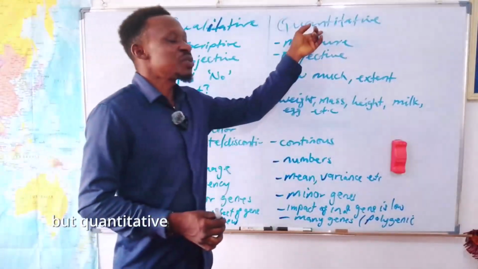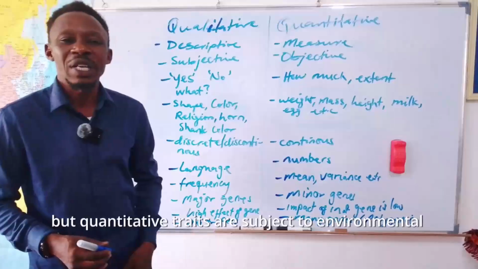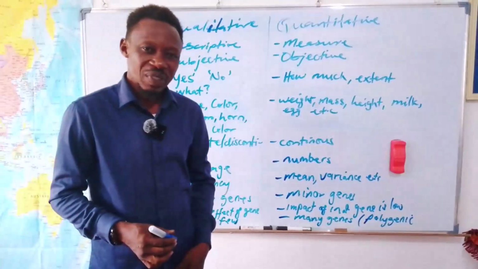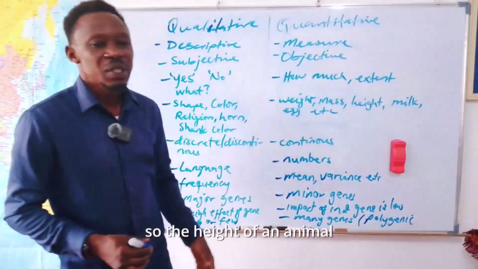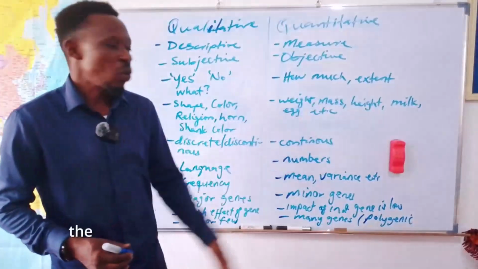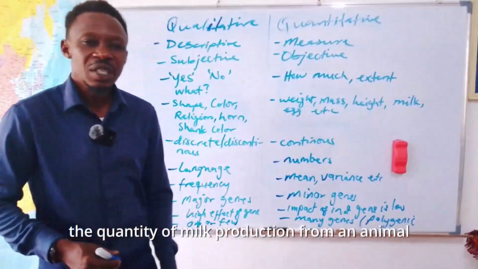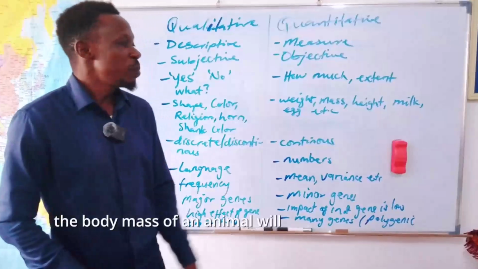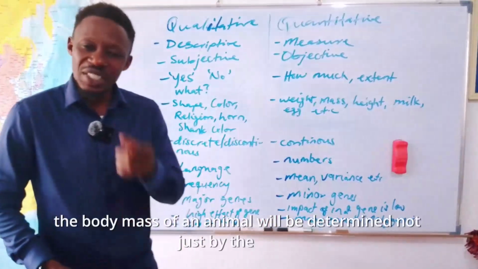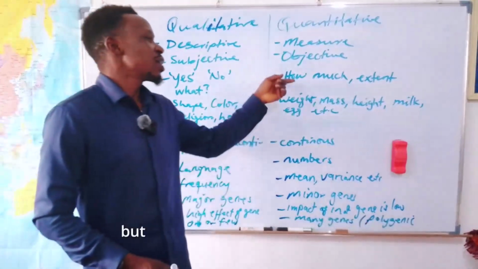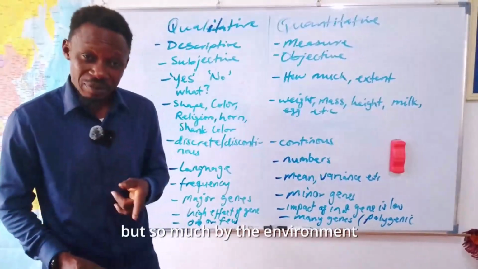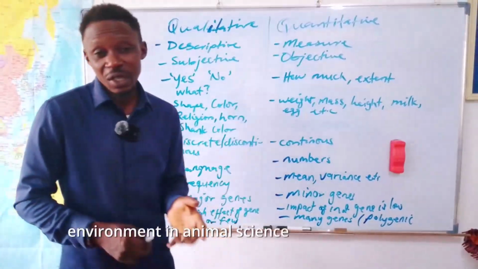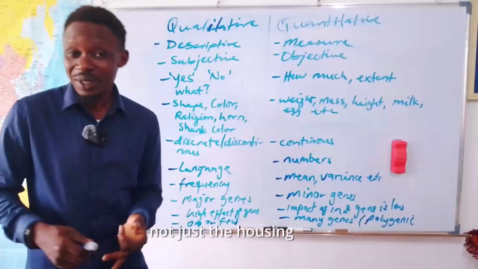But quantitative traits are subject to environmental influence. So the height of an animal, the weight of an animal, the quantity of milk production from an animal, the body mass of an animal will be determined not just by the genes, but so much by the environment. Environment in animal science includes feeding, not just the housing.